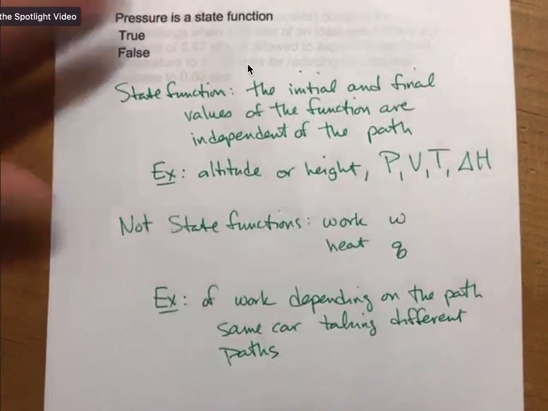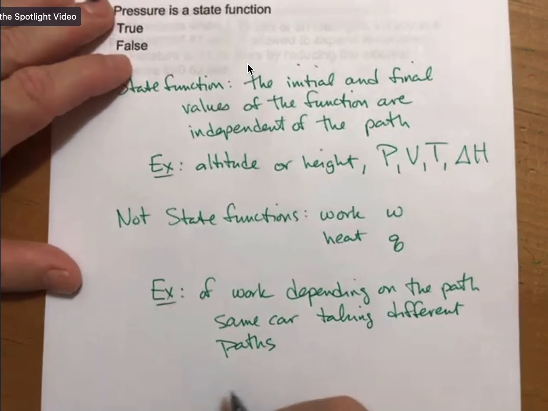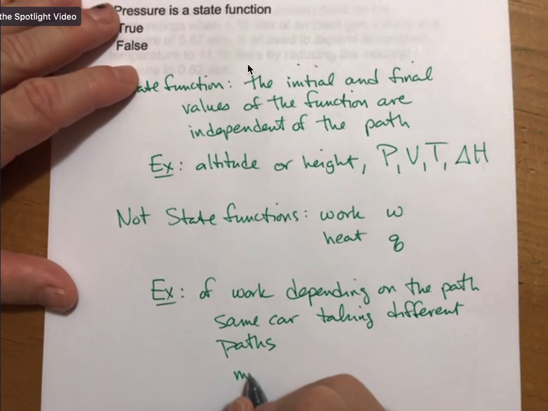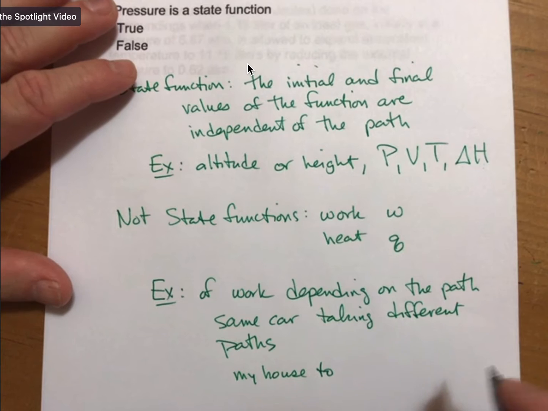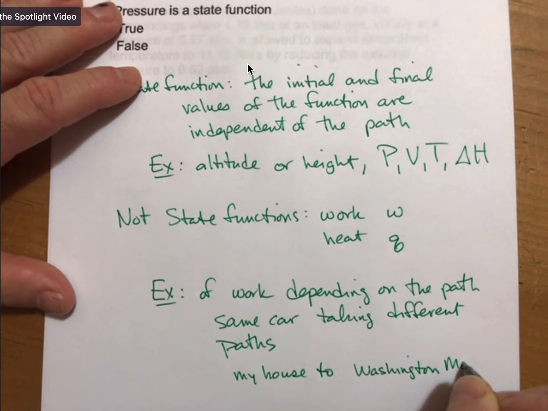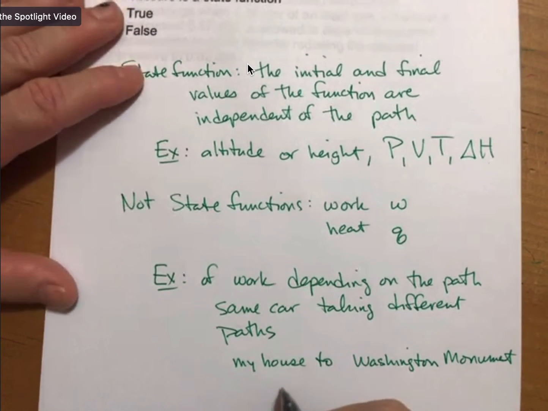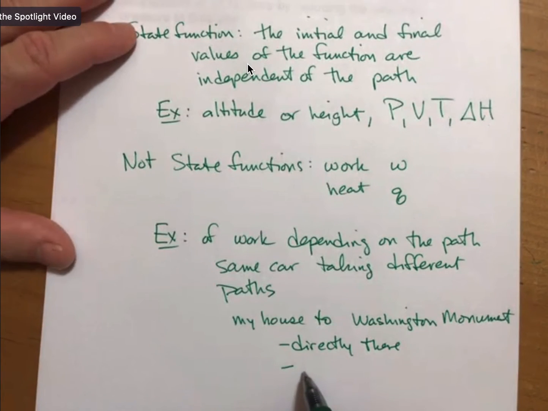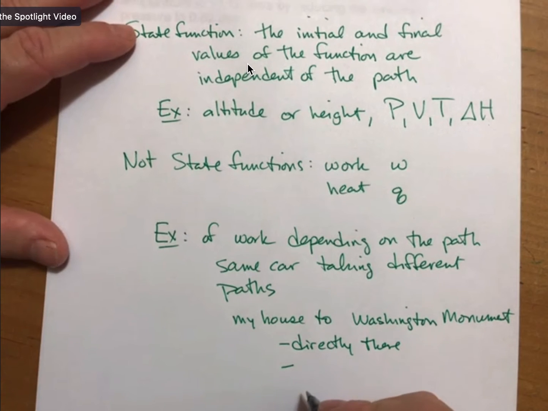And so, for example, if I drive from my house to Washington, D.C., let's say to the Washington Monument, I can go directly there, or I can go through North Carolina.